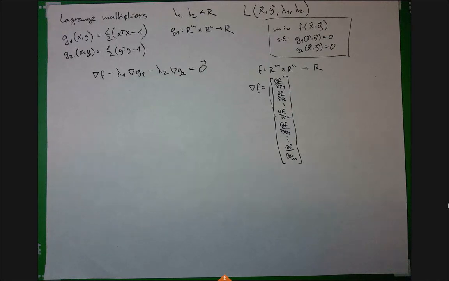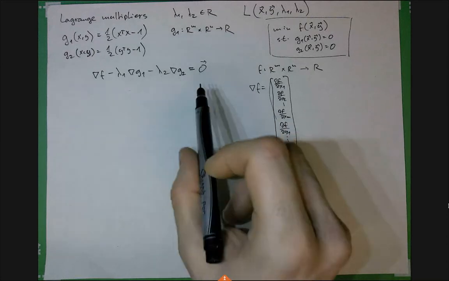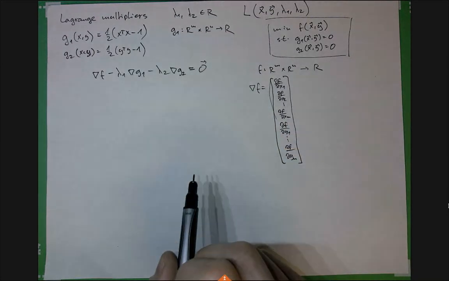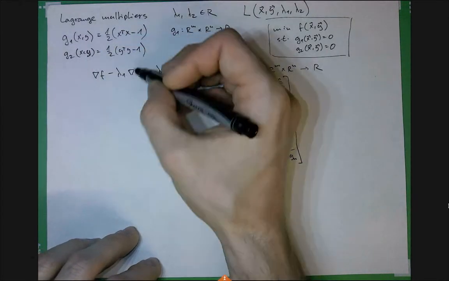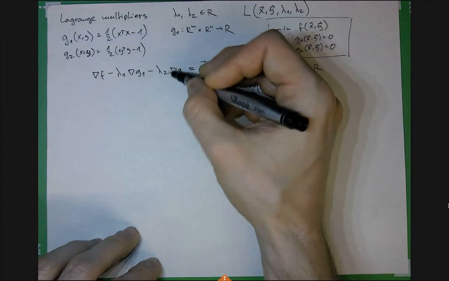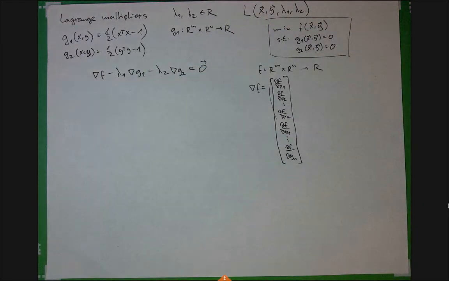That's also just an m plus n dimensional vector of all zeros. So this is essentially a way to conveniently write m plus n equations. This is a column vector, this is also a column vector, this is also a column vector, and this is also a column vector. Lambda 1 and lambda 2 are scalars. Make sense?